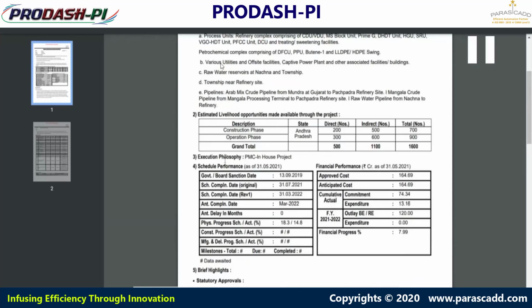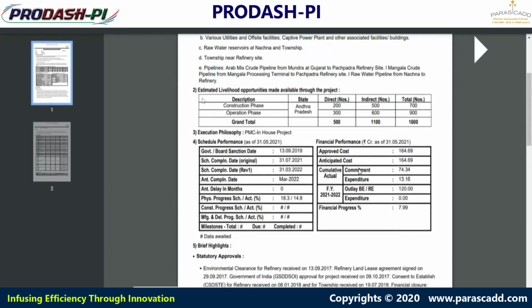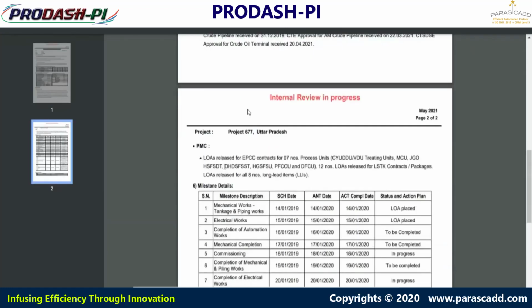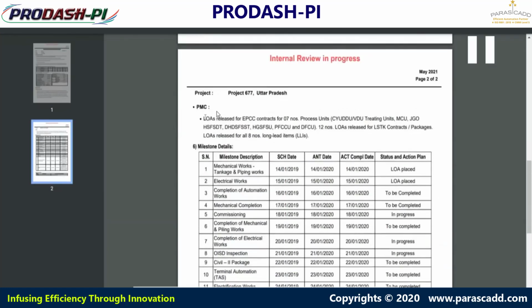So owner, project, brief project highlights, estimated livelihood section, schedule performance details, financial performance details, brief highlights. Brief highlights by the functions like statutory, PMCs. For the other functions, we have not entered the data, so those are not coming out in the reports.